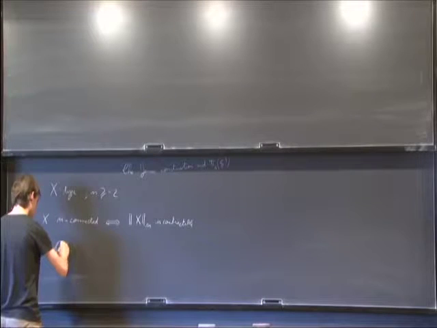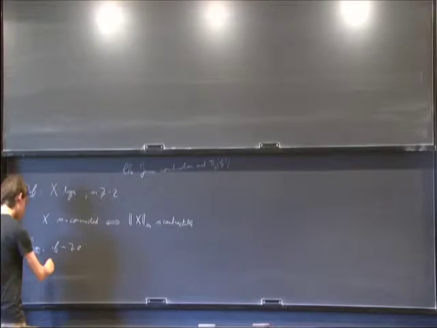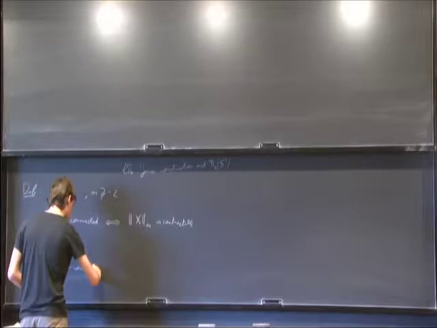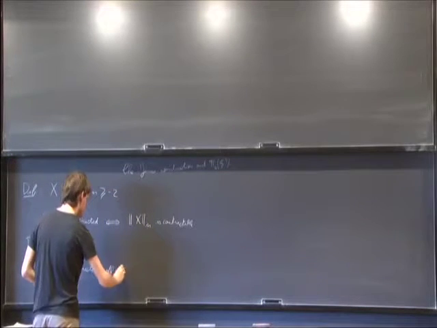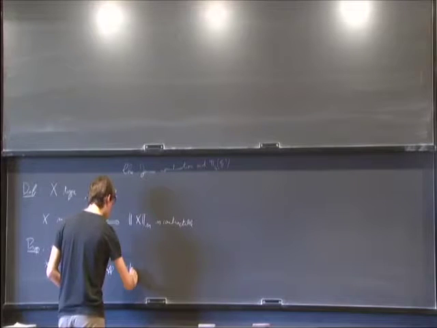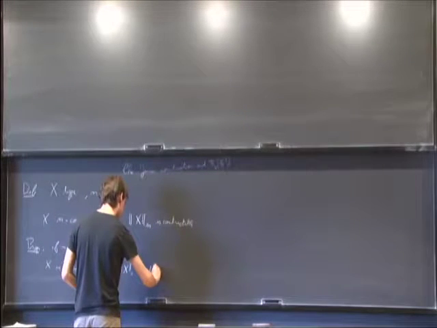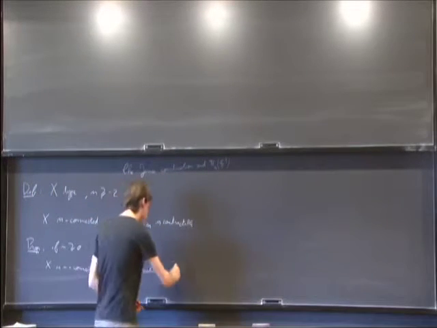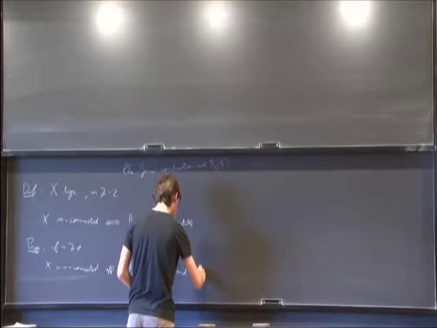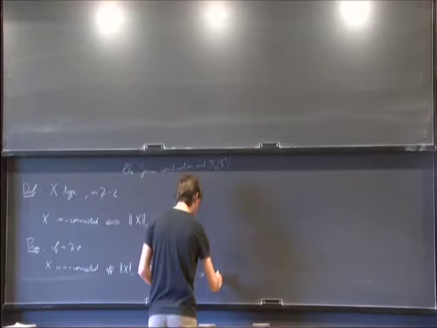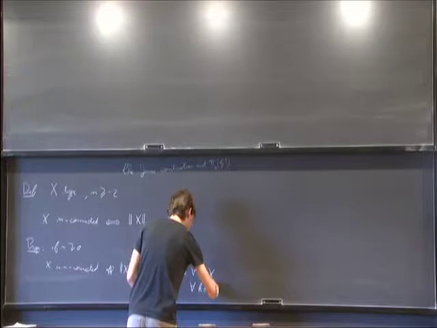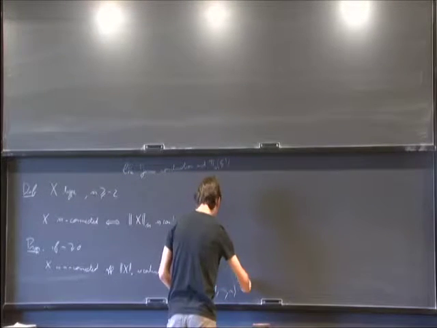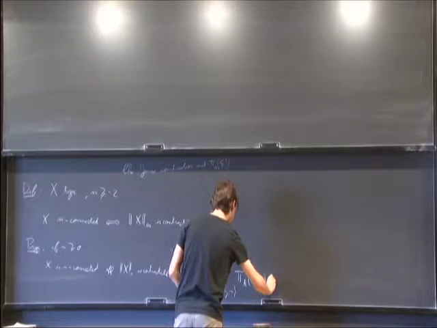If n is at least 0, then X is n-connected if and only if the 0-truncation of X is contractible, so if you want, pi0 of X is contractible, and for all points x in X, and for all k from 1 to n, pi k of X is trivial.